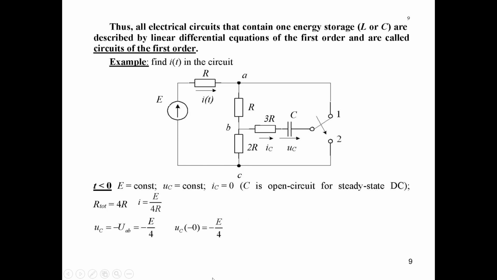So IC steady state here will be 0. At t less than 0, this current was absent, and current has been flowing through such a loop.